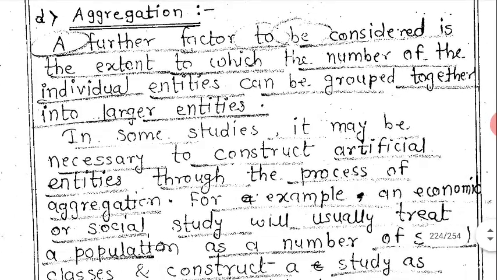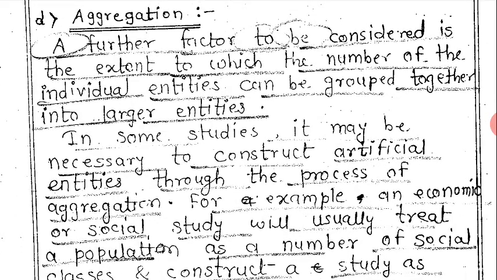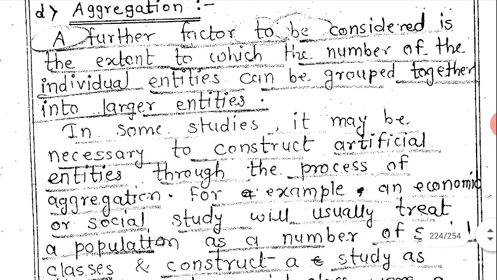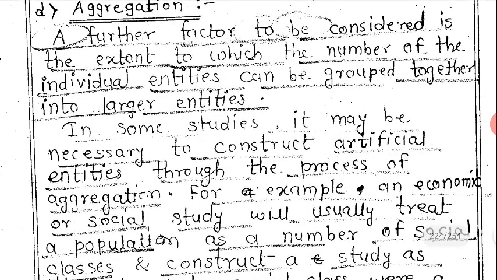And then there is aggregation. Here we consider the factors to the extent of the number of individual entities. An entity is an object of interest in the system, and entities can be grouped together into larger entities.